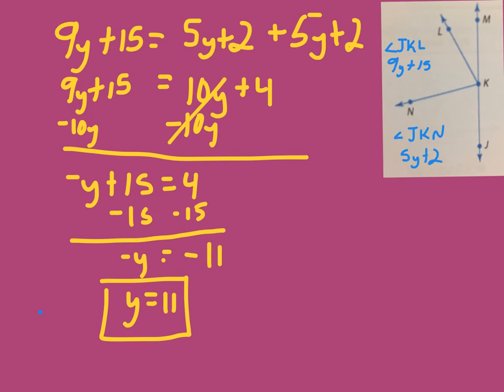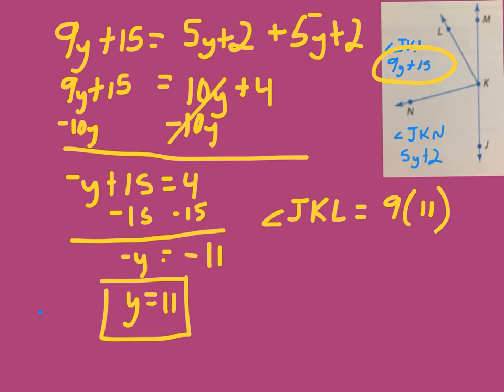No, we're not. If you stop there, you're not done. The question didn't say find y. It said find JKL. So to find JKL, you need to plug it in to JKL, which is 9y plus 15. So angle JKL is going to be equal to 9 times, now that we know what y is, it's 11.